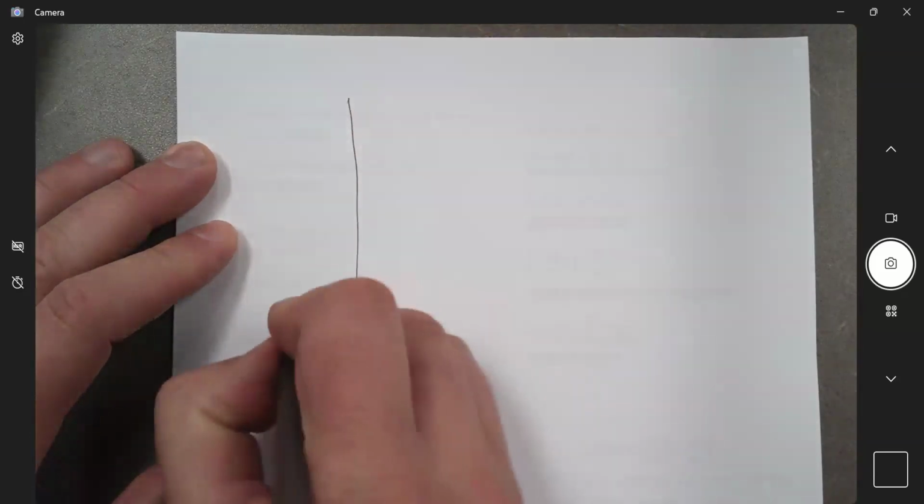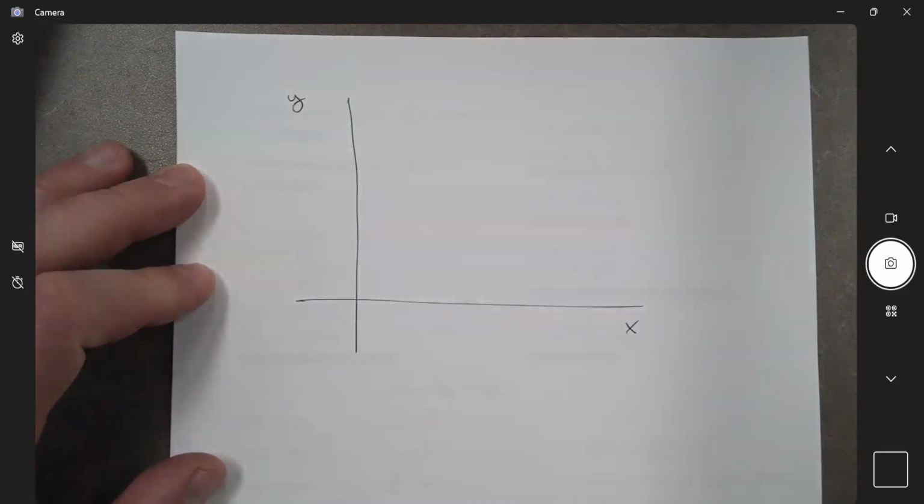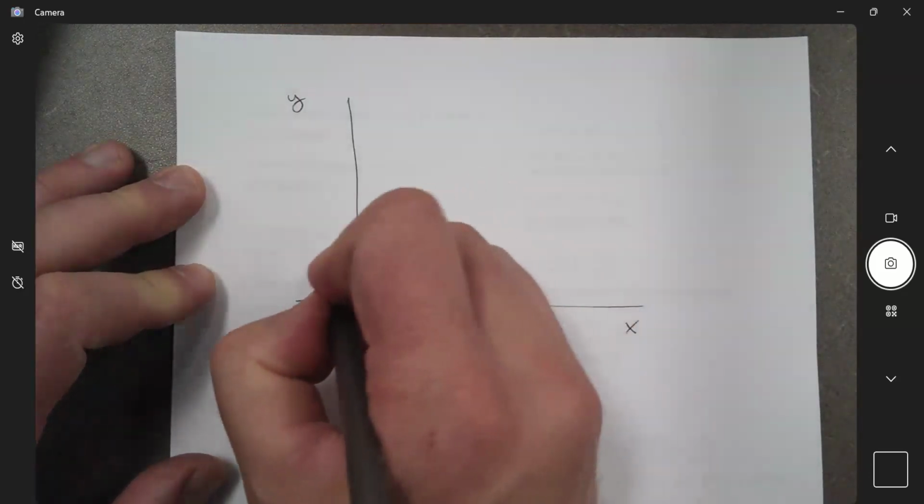How about a graphical representation? So here we're going to have a graph of a linear function.